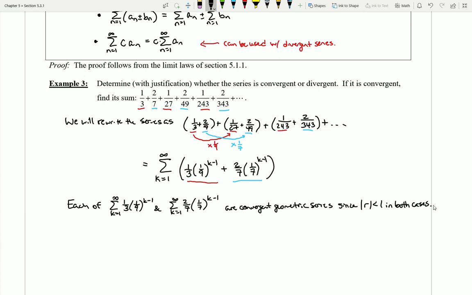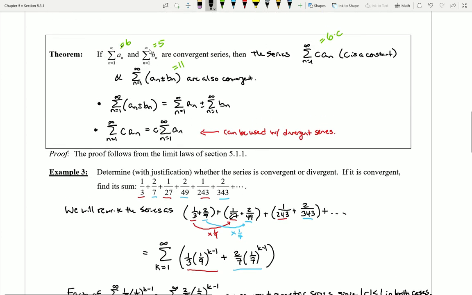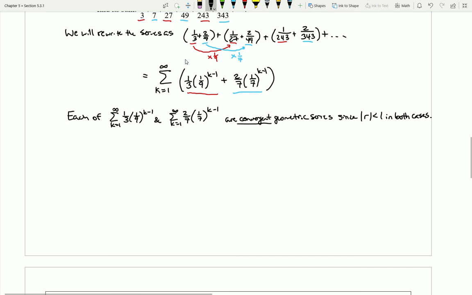So I know that these are convergent. I've met the check to use this theorem. And so if I continue my equal sign down, I know that I can re-express this as the sum of the two series that I had up above.